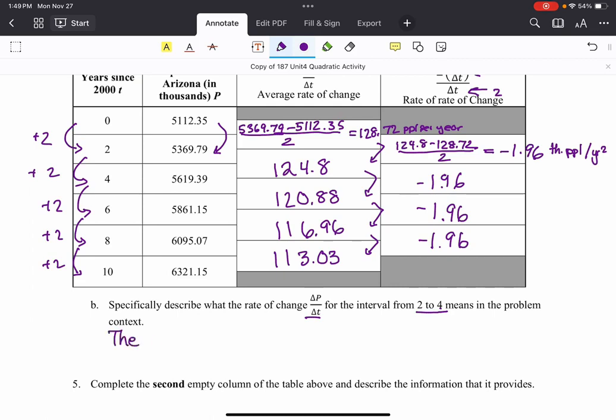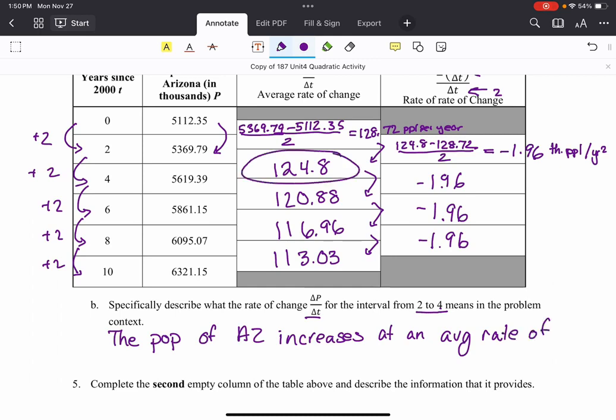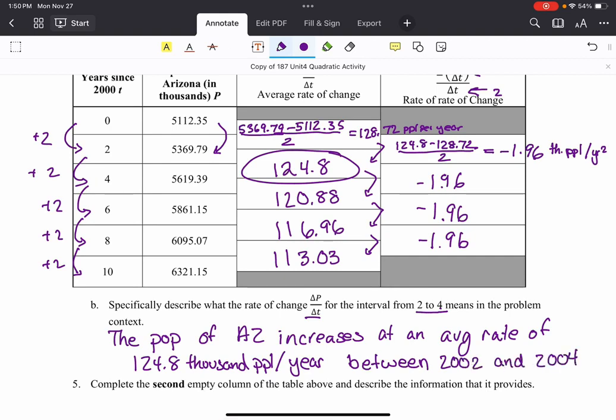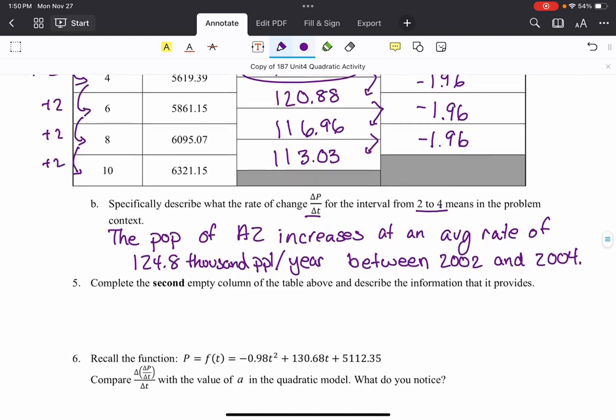Well, the population of Arizona increases at an average rate of, and then we're looking at this value right here, 124.8 thousand people per year between, and you have to give the years because the rate's not constant, 2002 and 2004.